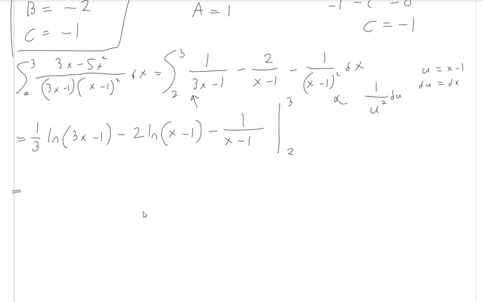Plugging in those bounds, we get 1/3 natural log of 3 times 3 minus 1, so that's 9 minus 1 is 8. Minus 2 natural log of 3 minus 1 is 2. Minus 1 over 3 minus 1, so that gives me 1 over 2.